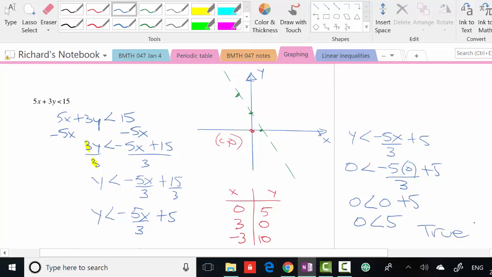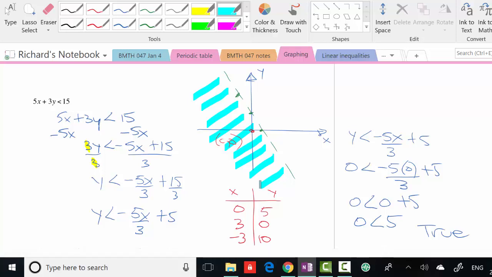And in this case, because 0 is less than 5, the test point does lie on the side of the boundary line which makes the inequality true. So I'm going to indicate that by shading in the side of the graph where the inequality is true, being careful not to touch the boundary line, because the boundary line itself does not make the inequality true, because there is no equality component to this inequality.